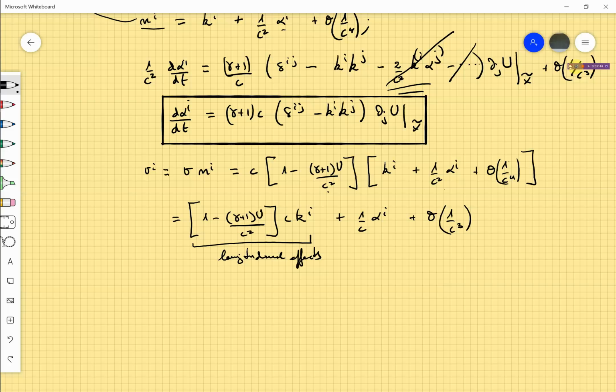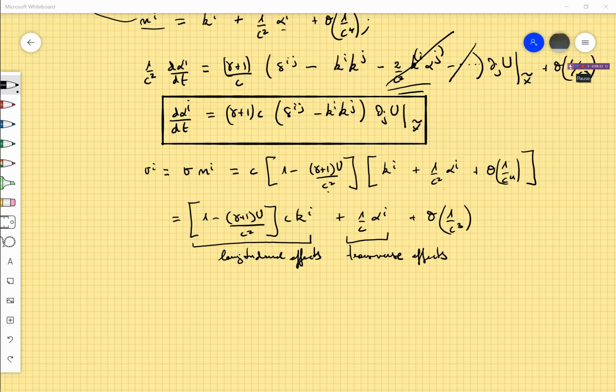But all the effects that are produced in the direction of the original light ray, which is ki, will be called longitudinal effects. And then this alpha i is transverse, and takes care of the transverse effects. We will study these two terms more precisely later.